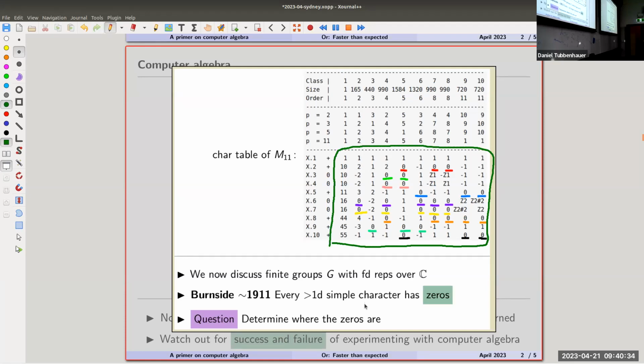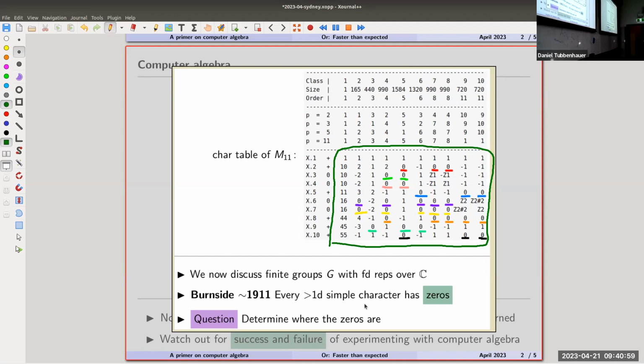In the first column, you see the dimensions. That's the column of the class of the identity, which is always the dimension. We have 1 dimensional, 10 dimensional, whatever, 55 dimensional, and the rest are the traces of the matrices on that character.